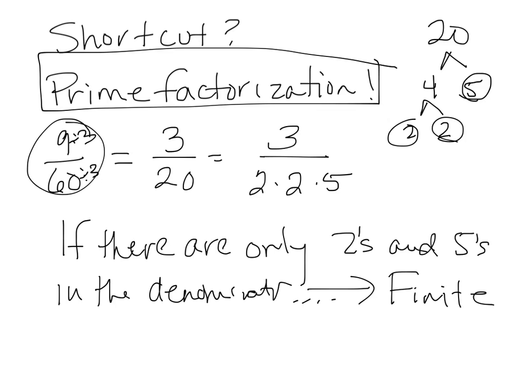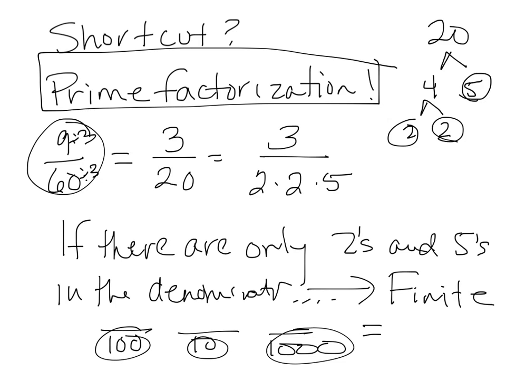Why? Well, if there are only 2's and 5's down here, then I could introduce or change that fraction to make it have a denominator of 100 or 10 or 1,000. And anytime you get one of these numbers as a denominator, how easy is it to change it to a decimal? It's a piece of cake, and it's going to end.